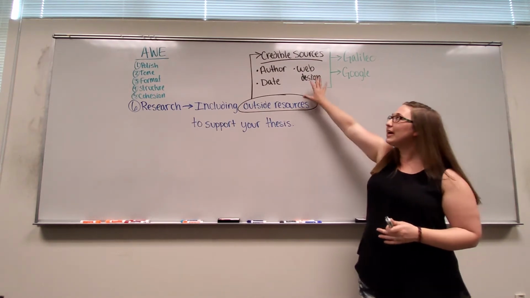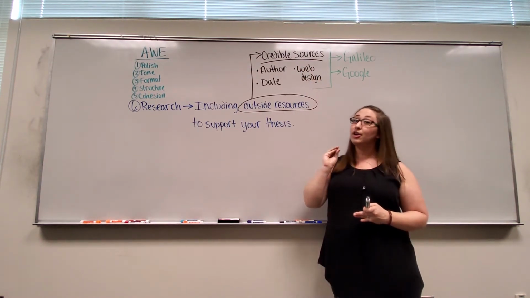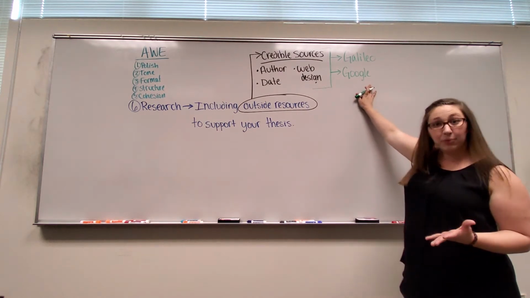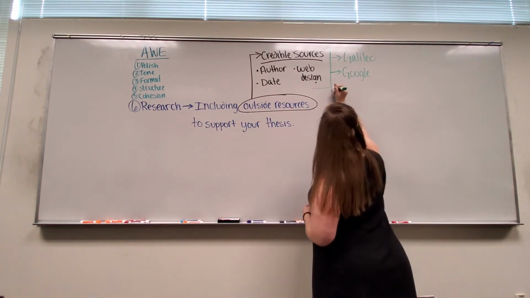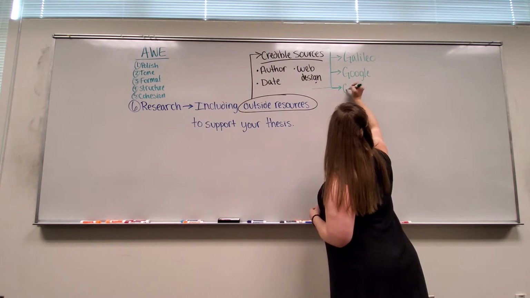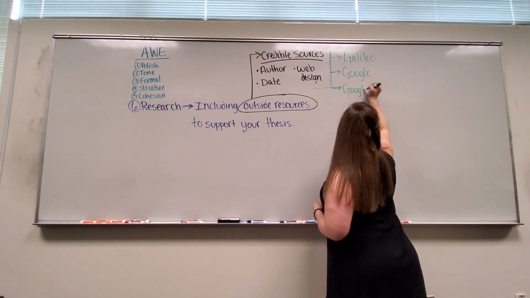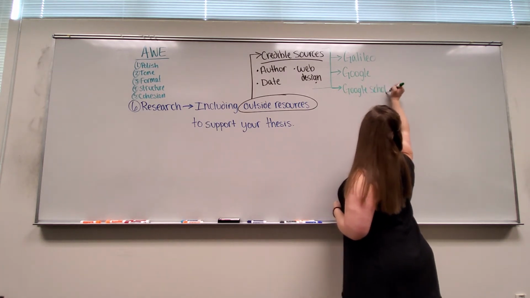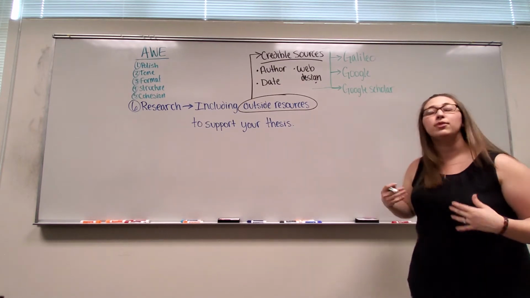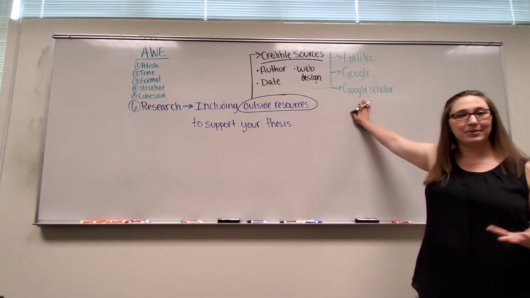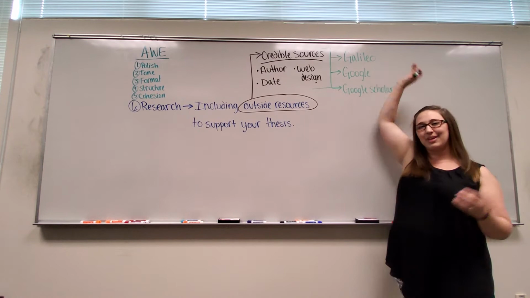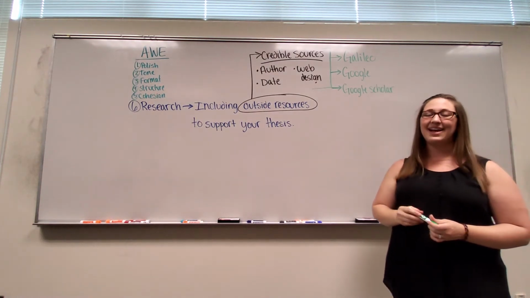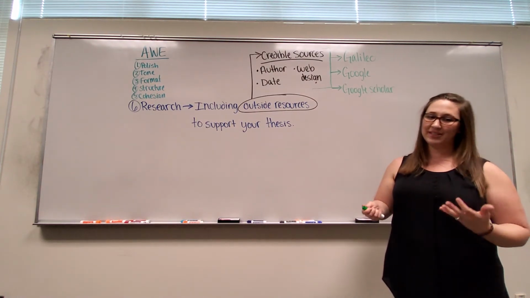But be wary that the sources you find are credible. Now, if you want a good combination of the two, there is something out there, because Google's taking over the world, called Google Scholar. Google Scholar will take you to a database similar to Galileo. The only downfall is you might not have access to all of those resources.